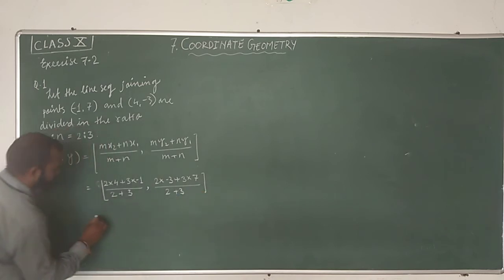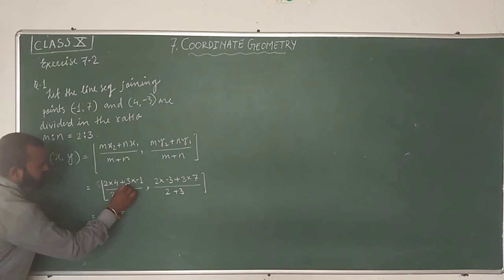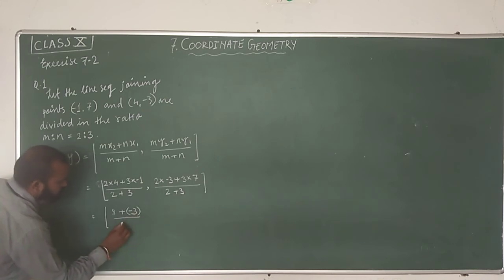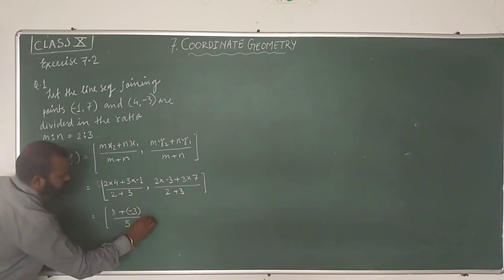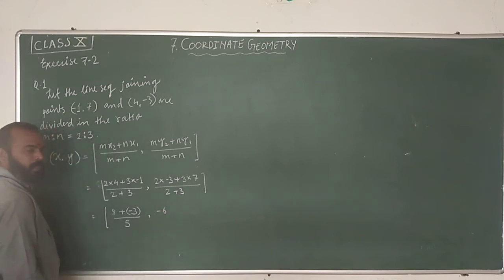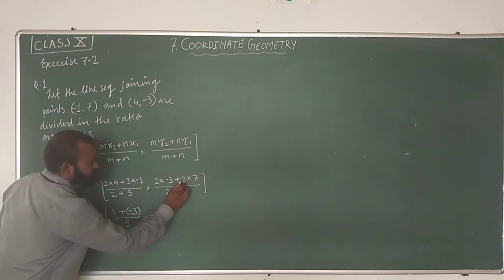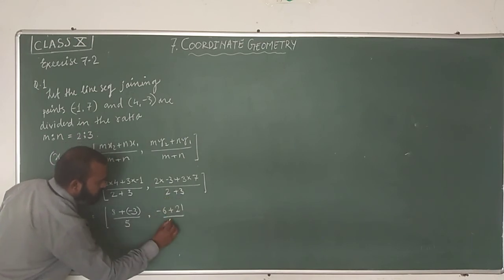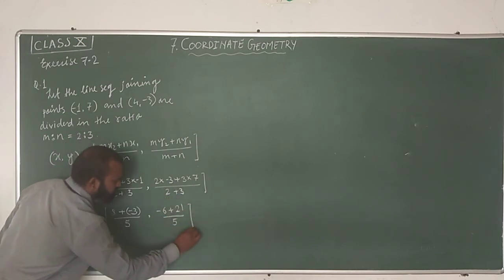Now let's simplify. 2 fours are 8 plus 3 minus 1s are minus 3, upon 2 plus 3 is 5, comma, 2 minus 3s are minus 6 plus 3 sevens are 21 upon 2 plus 3 is 5.